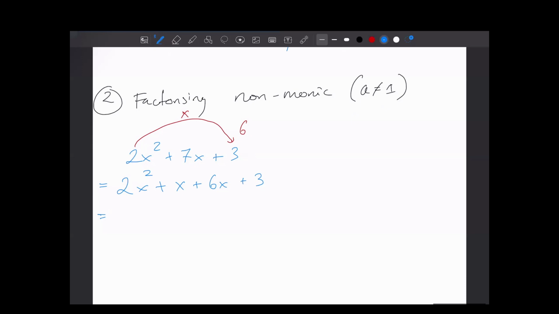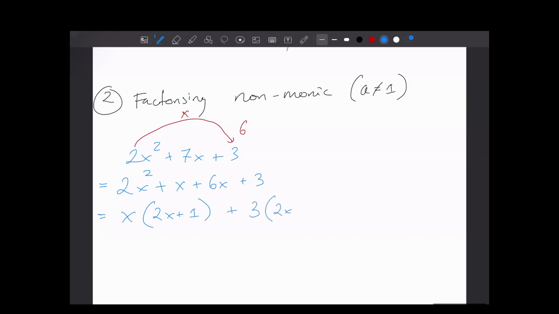Then you'd sub out the 2x. Very nice. So we would factorize out x from here, because this term doesn't have a 2. This would turn into 2x plus 1. And then out of here, what would we factorize? The 3. The 3, very nice.